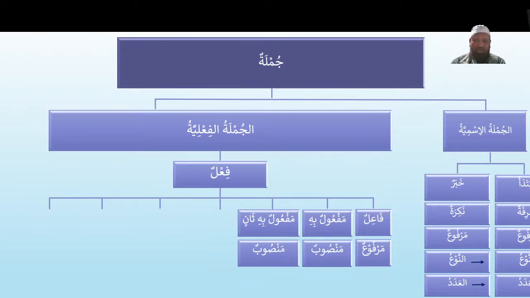So far, alhamdulillah, this is what we have done. Let's move on. As we add any of the slots, I will be entering those into this chart. So far, we have done fa'il, then maf'ulun bihi, then maf'ulun bihi thanin. So this is the order of Jumlatul Fi'liya.